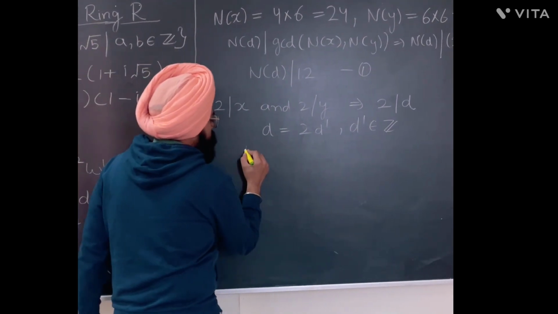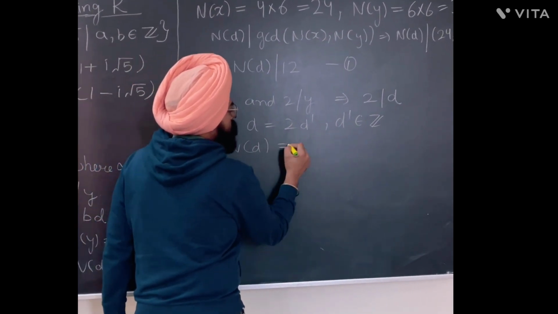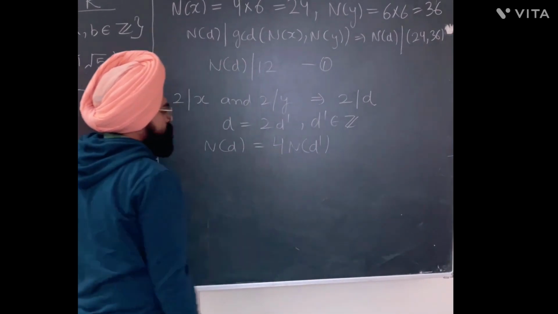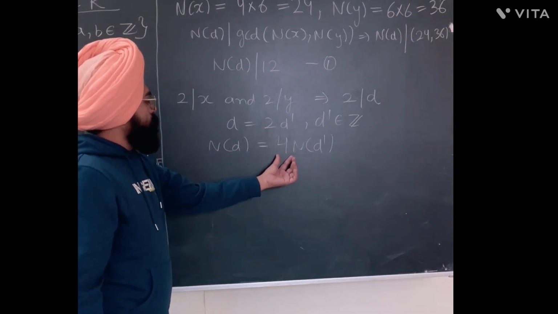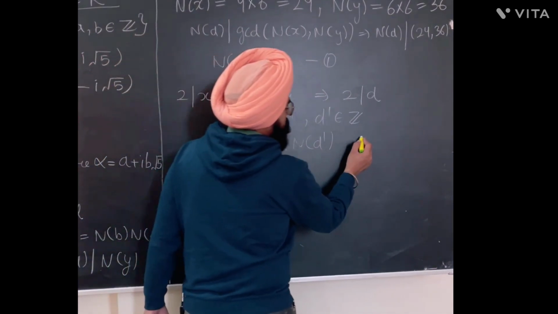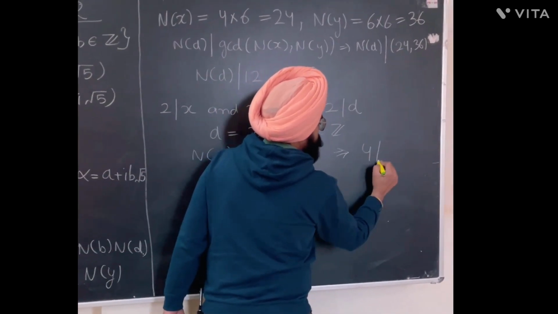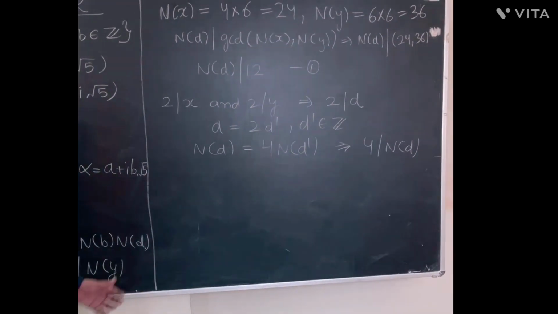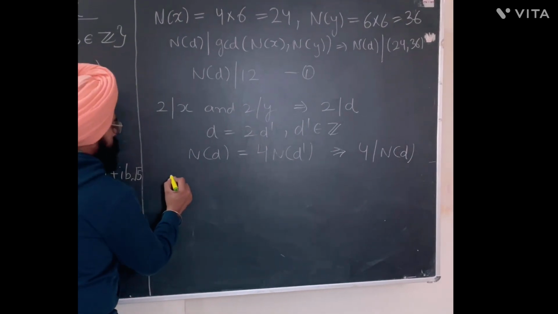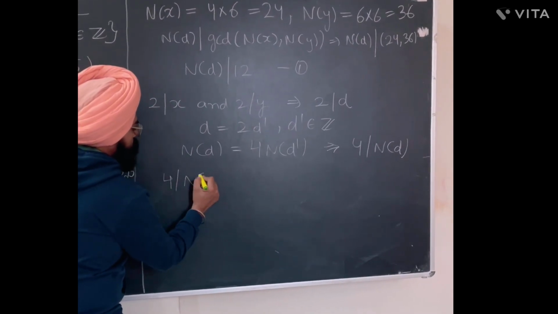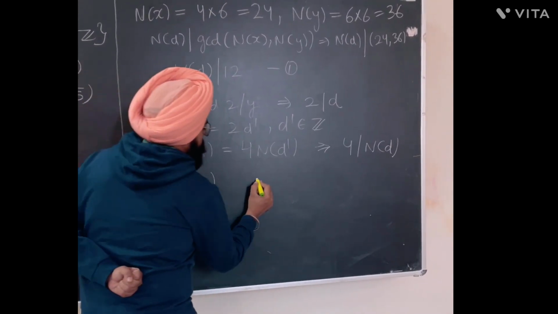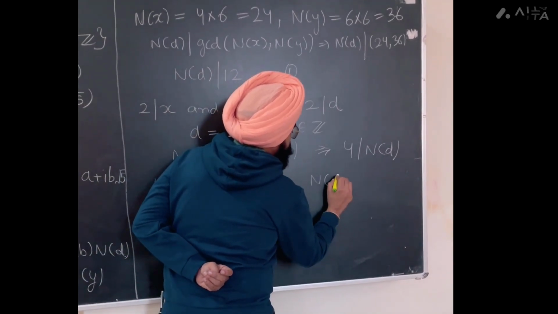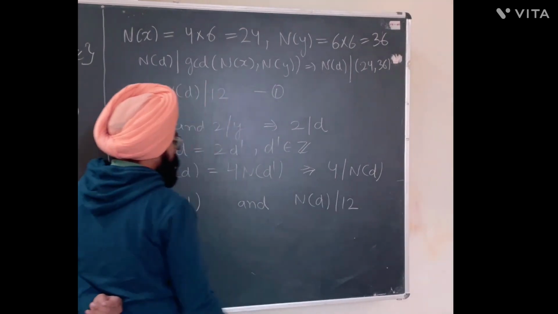From here we conclude that norm of d is norm of 2, which is 4, times norm of d dash. So this implies that 4 divides norm of d. This is equation number 2. Now we have that 4 divides norm of d and norm of d divides 12.